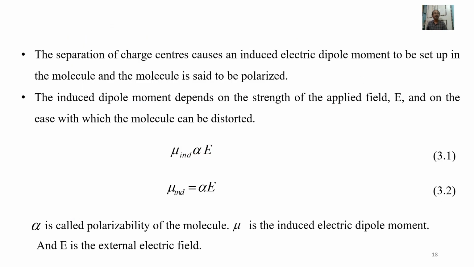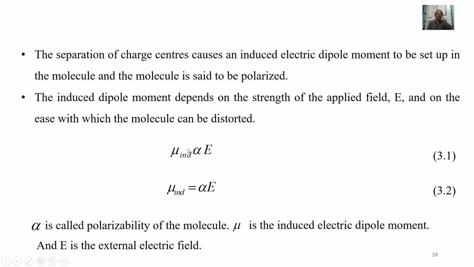The separation of charged centers causes an induced electric dipole moment to be set up in the molecule, and the molecule is said to be polarized. The induced dipole moment depends on the strength of the applied field E and on the ease with which the molecule can be distorted.